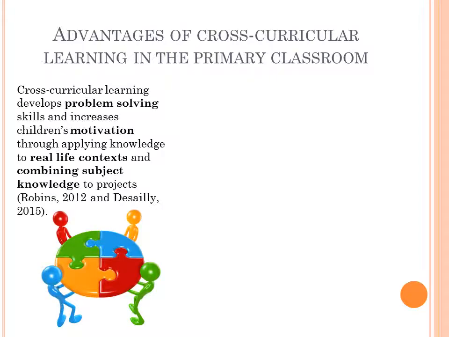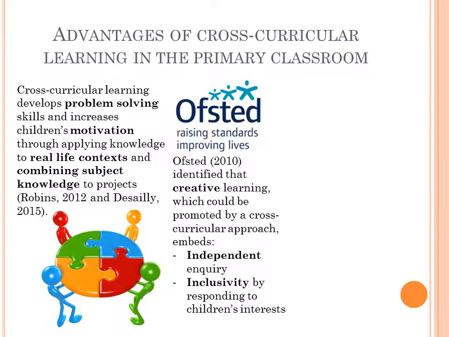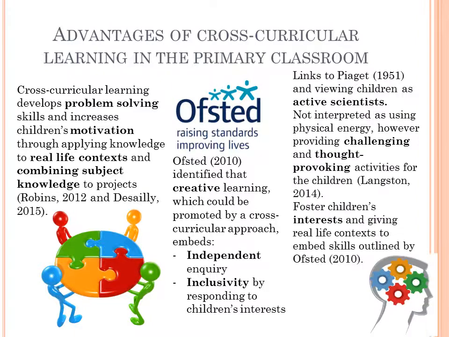Cross-curricular learning develops problem-solving skills and increases children's motivation through applying knowledge to real-life contexts, as supported by Robbins 2012 and Desailly 2015. Ofsted 2010 identifies that creative learning, which could be promoted by a cross-curricular approach, embeds independent inquiry and inclusivity by responding to the children's interests.